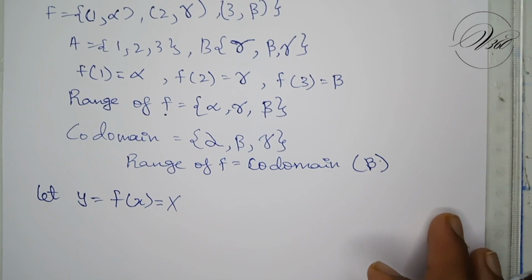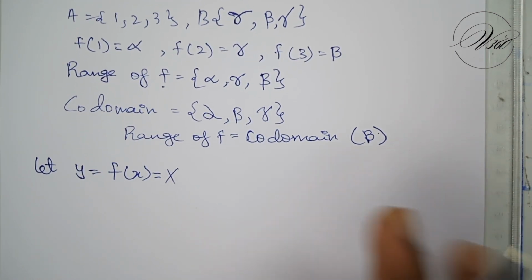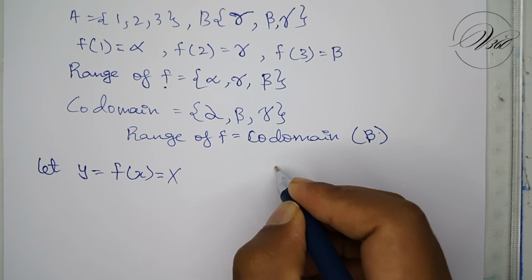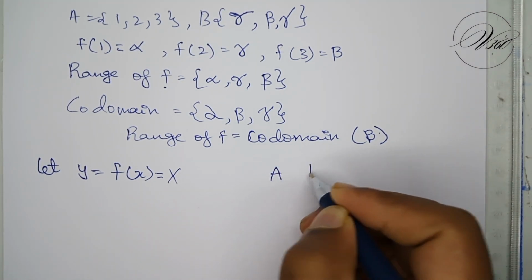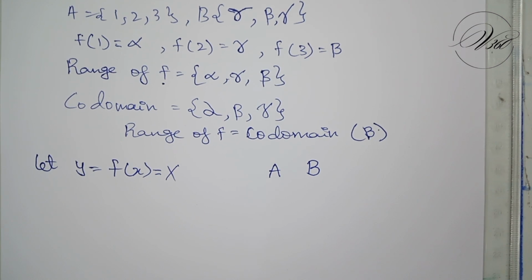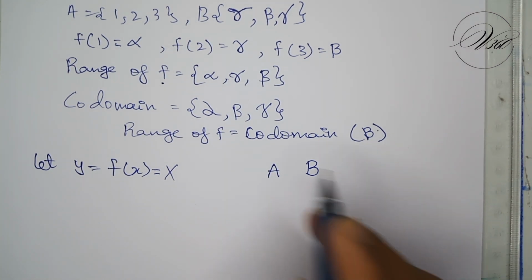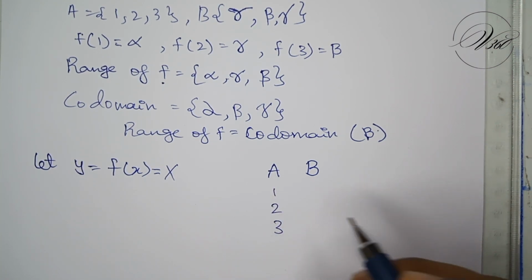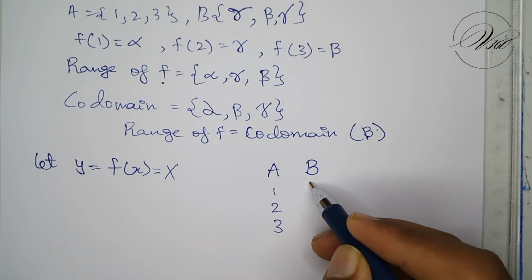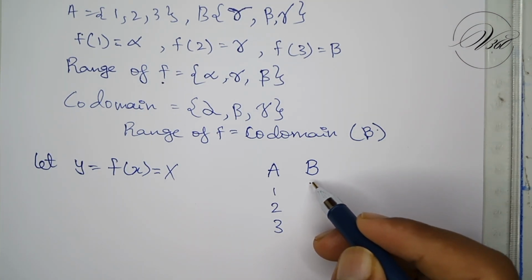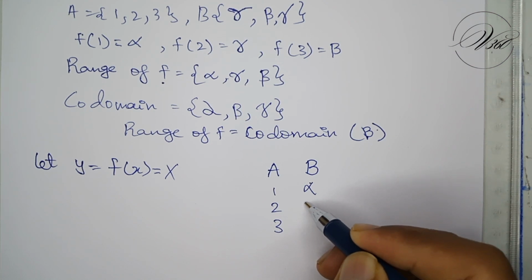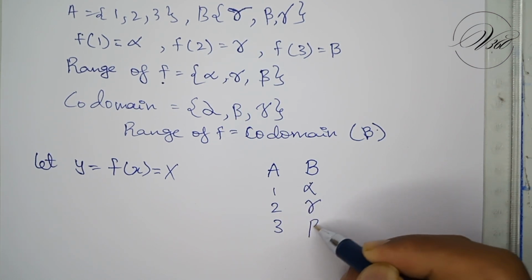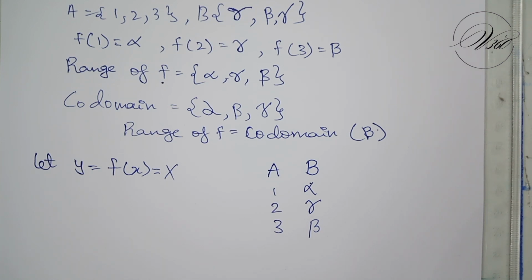We can do an explanation by diagram: here we have A and B. F maps A to B. In the A set we have 1, 2, 3, and in the B set we have alpha, gamma and beta, because here 2 matches gamma.